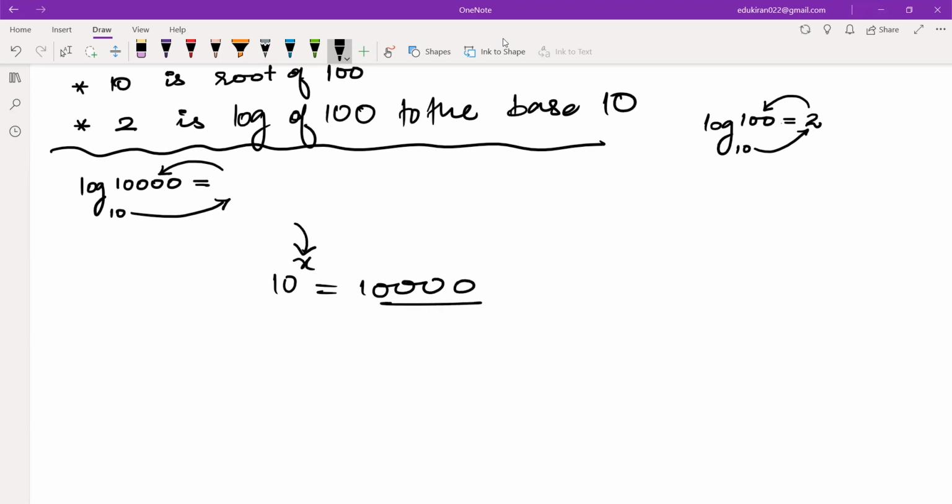There are four zeros, so how much should be x? 10 to the power how much is equal to 10,000? Hiba, Nehra, anyone?